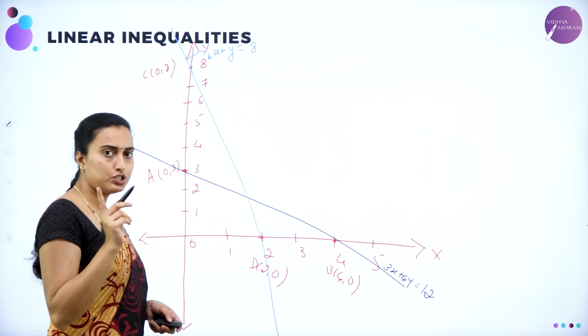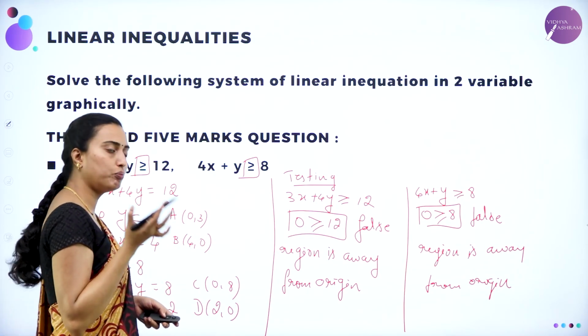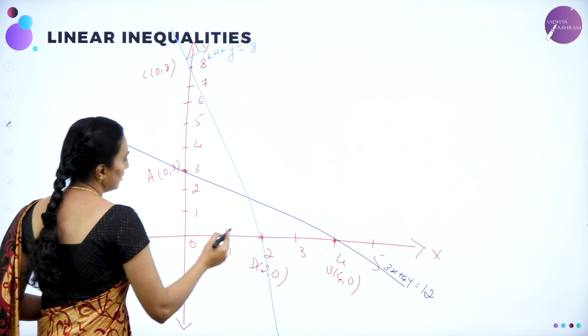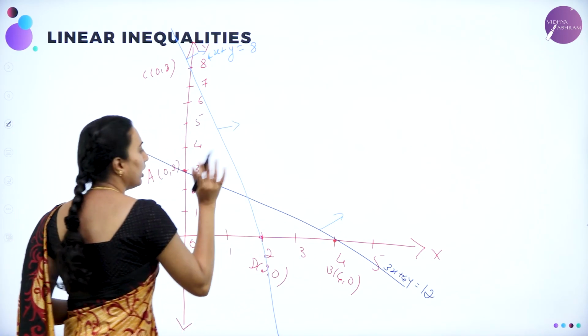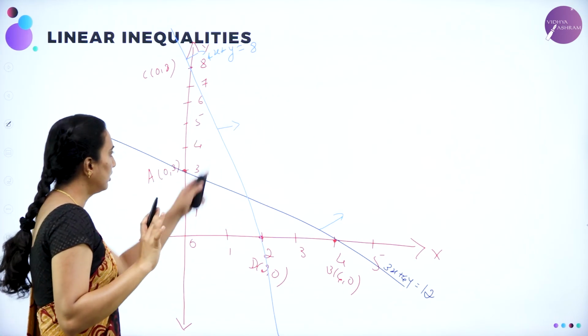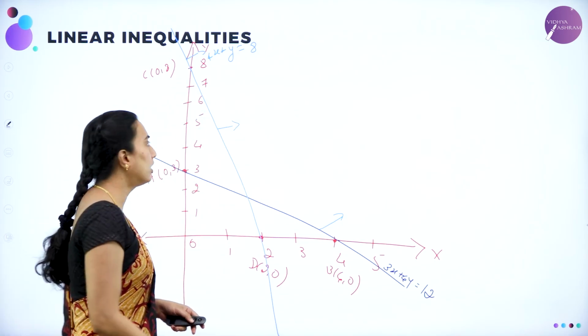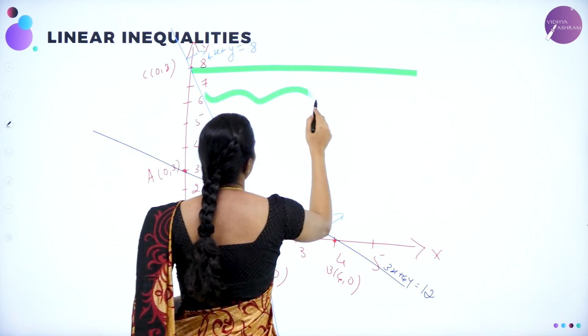Okay. Now you need to mark the region. One is false, another one is also false, both false, which is away from the origin. See, this is away from the origin, this is also away from the origin. Where is the region getting merged? Here the region is getting merged. Now this is what is nothing but the region you are going to get.